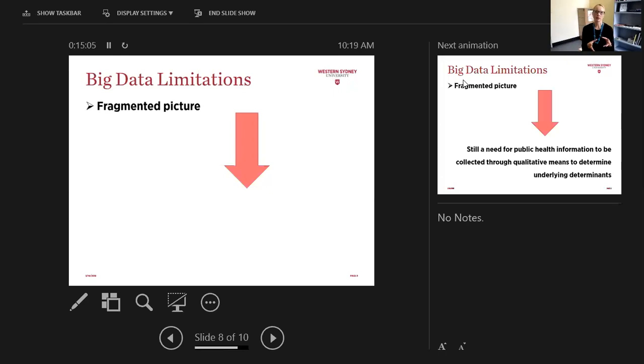Why is that person there in the first place? Why are they experiencing it? It is still quite a siloed picture of that person's trajectory, or that path within the health system. So it's important to take big data for all its benefits, but also look at ways we can fill those gaps. Fill in the grey areas in the black and white.